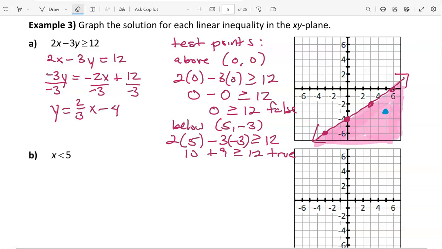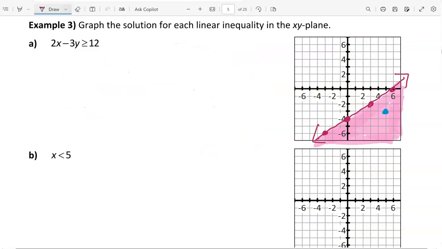There is another way to solve this particular exercise, or to graph this solution set, and that other way involves a different strategy. To graph the solution set this way, we can just simply take the inequality and solve for y.